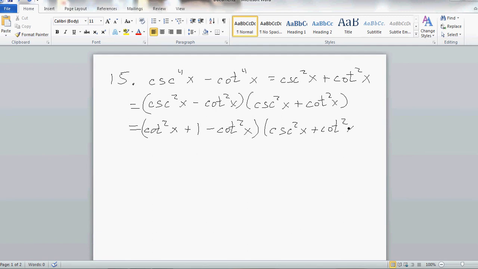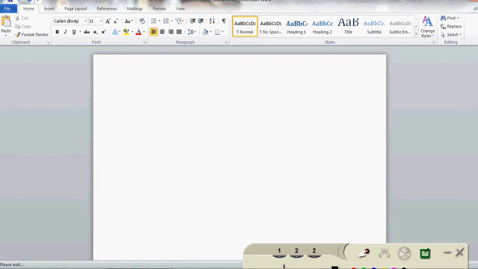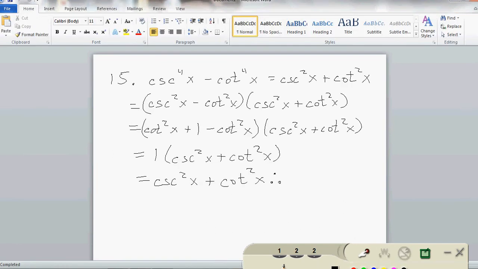Now here, remembering that we have to go one step at a time, we have 1 times cosecant squared of x, and normally this would just be, well, let it go. But since we are proving stuff, we need to make sure that we show each and every step. And so we are finally to where we need to be, and that's exactly what we needed to prove.